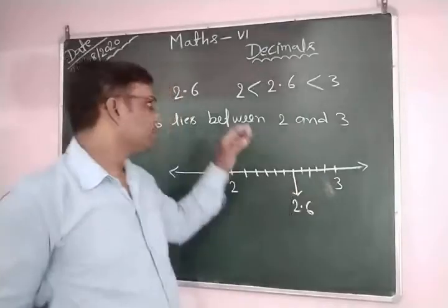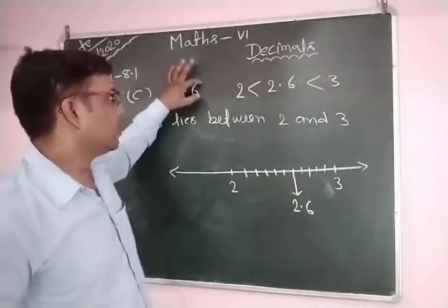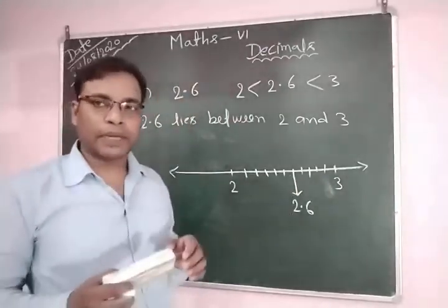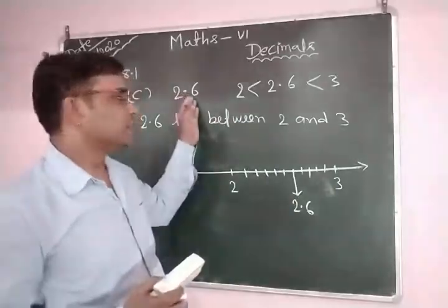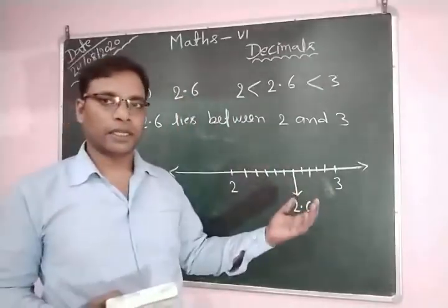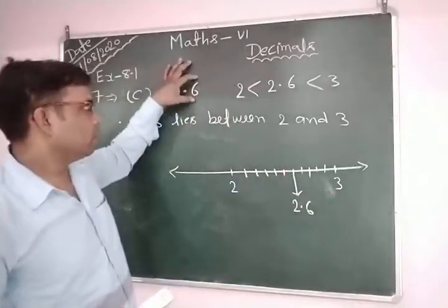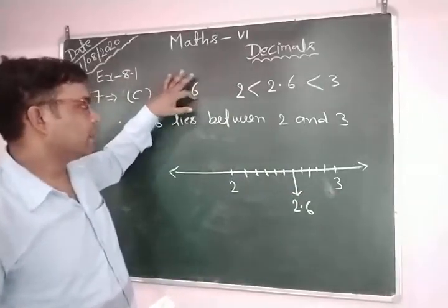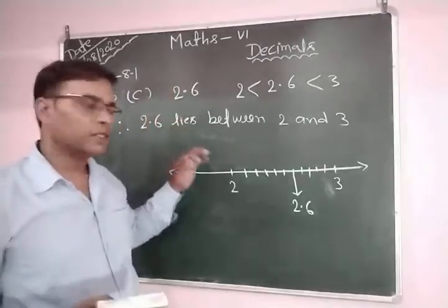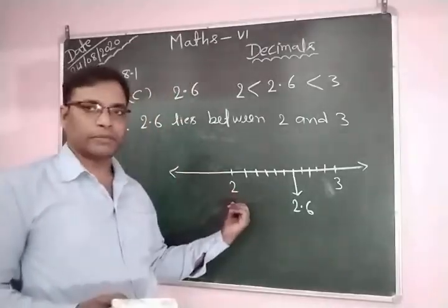If the point is beyond 5 parts, greater than 5, then it is nearest to the next whole number, which means 3. If the value in the tenths place is less than 5, then it is nearest to the lower number, 2.